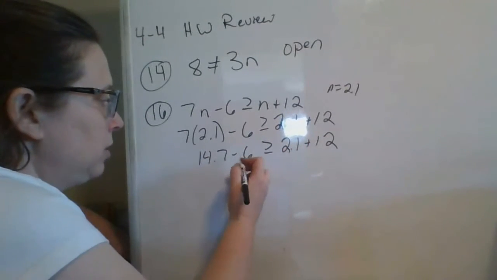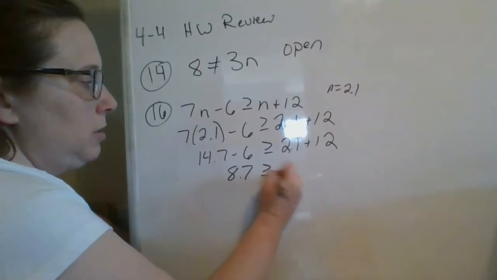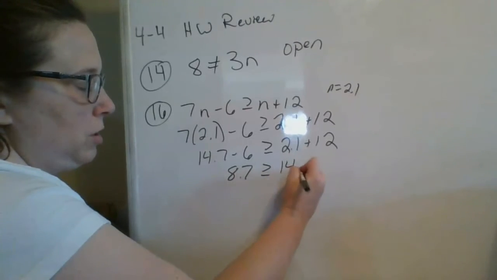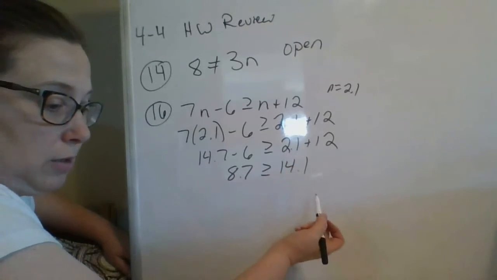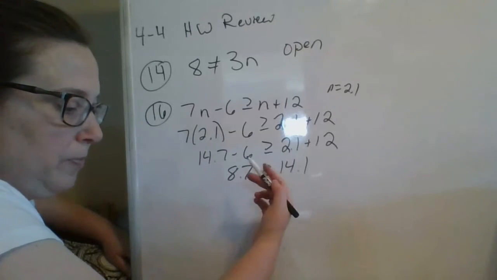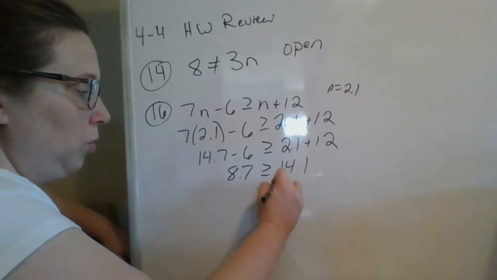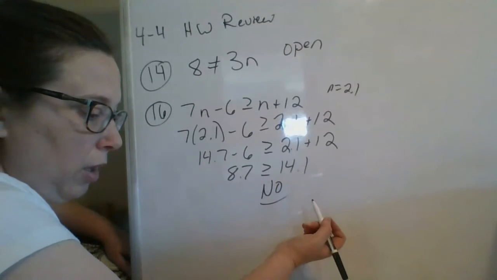I'm going to subtract here. So we have 8 and 7/10 is greater than or equal to 14 and 1/10. That is not true. 8 and 7/10 is less than 14 and 1/10. So for number 16, we would say no. This is not a solution to this inequality.